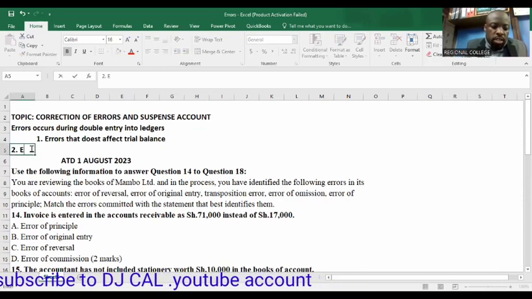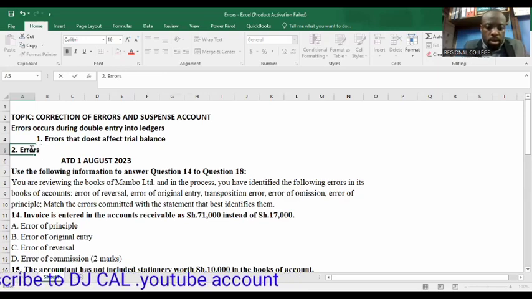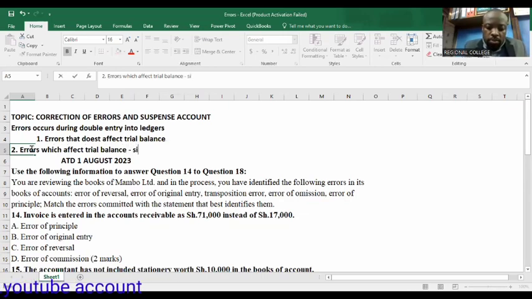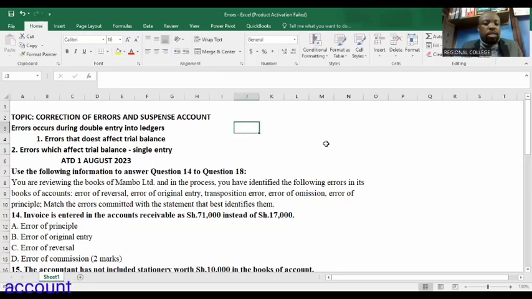Then we have errors which affect the trial balance. That means if you make them, there is no way your trial balance will balance, for example a single entry into the ledger. Make sure that a transaction is recorded twice, both on the debit and the credit. If you make a mistake and only debit, then ignore the credit, a certain figure remains hanging somewhere.